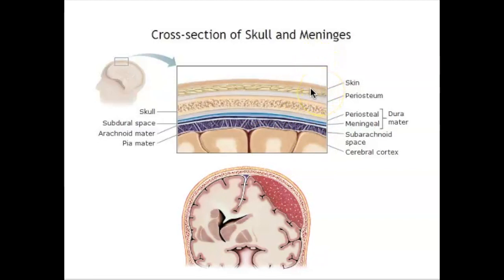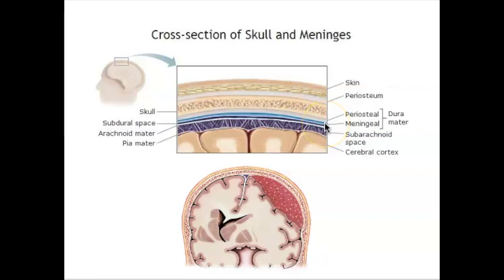If we look over to the other side, of course, the outermost layer of tissue would be skin. And underneath that skin, we would find bone, the bone of the skull. You can see they've drawn in the periosteum that would cover that bone. There would be, on the other side, the 3 layers of the meninges.